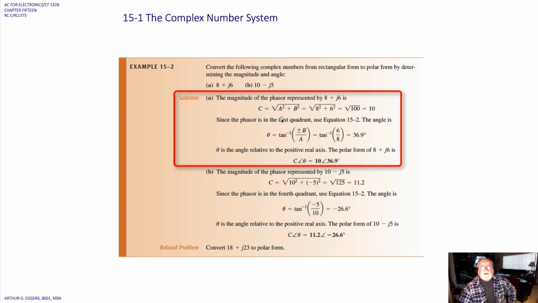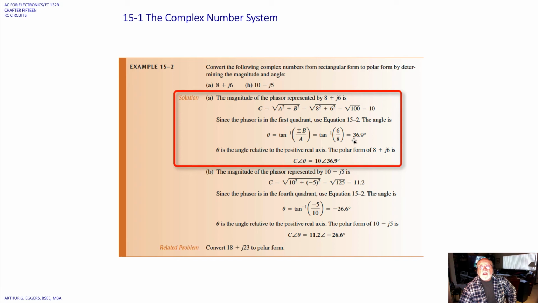Now, since the phasor is in the first quadrant, we use equation 15.2. The angle then becomes theta equal to the inverse tangent of plus or minus B over A. In this case, it's 6 over 8. B is the 6, A is the 8.